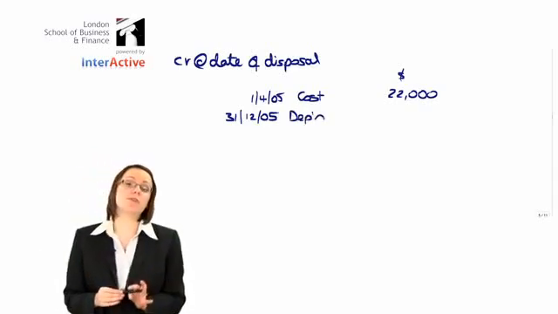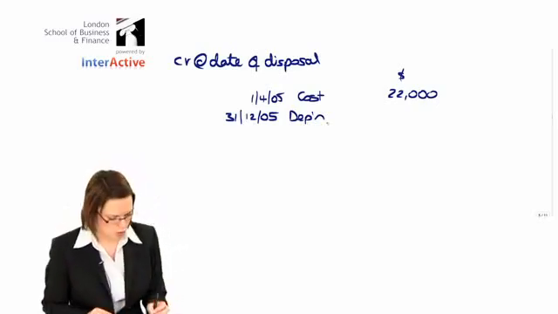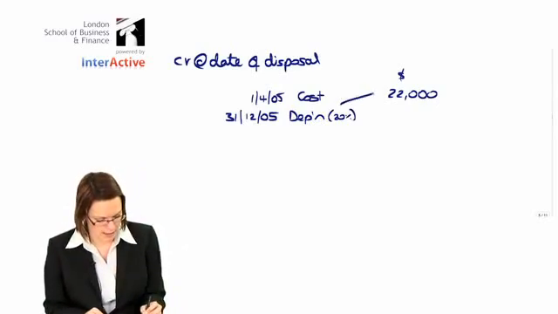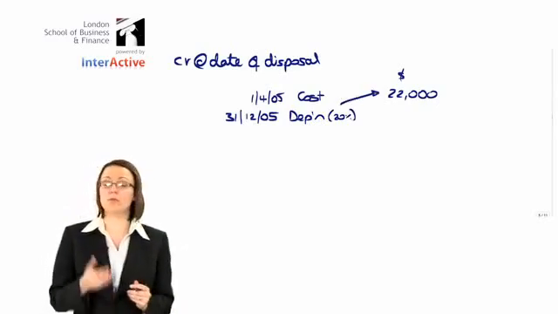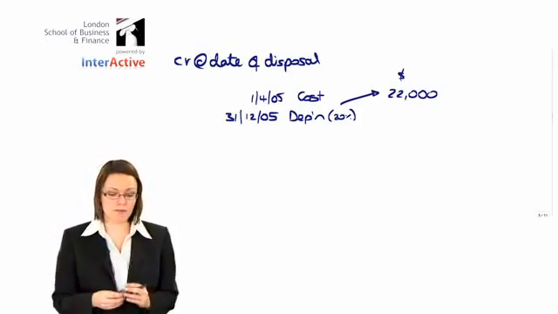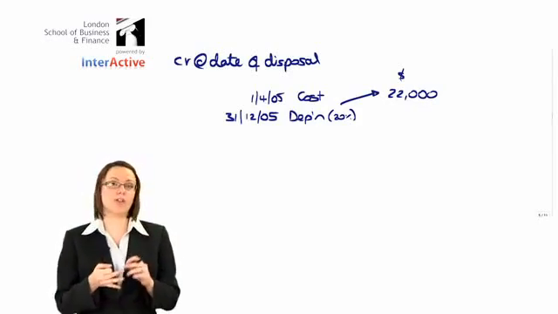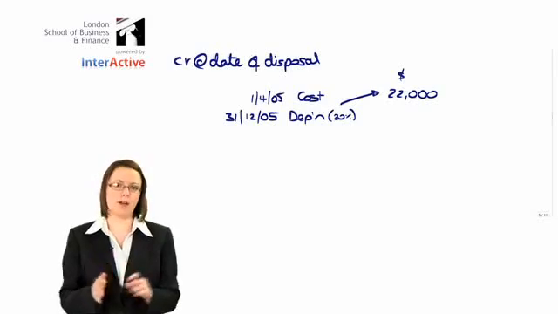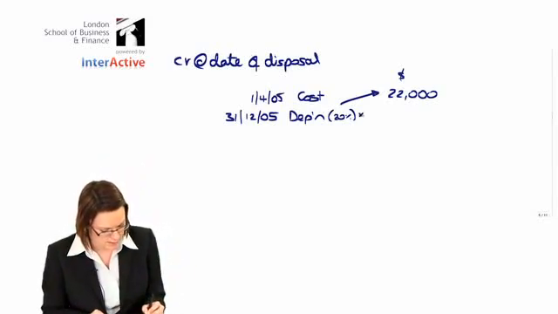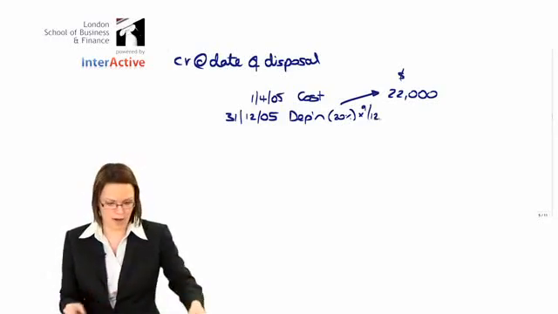Now, with proportionate depreciation, we're pro-rating the annual charge, and the annual charge was 20% reducing balance, so that would be on the carrying value, which is the cost. And we're going to pro-rata it for the number of months we've held the asset, and in April 2005: April, May, June, July, August, September, October, November, December, 9 months. Okay, so we've held that asset for 9 months up to the 31st of December 2005.